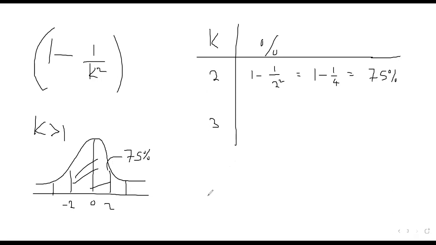Let's try to go to 3. How many percentage are we going to have? It will be 1 minus 1 over 3 squared. So this is 1 minus 1 over 9. Please calculate.